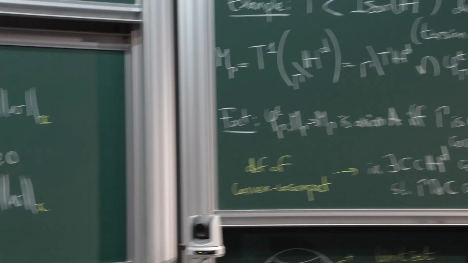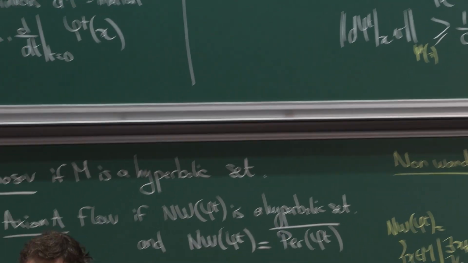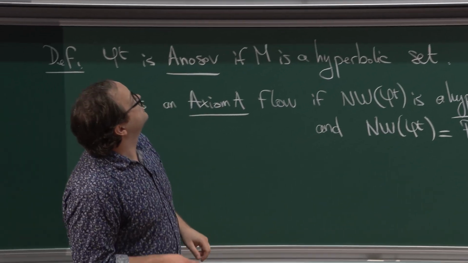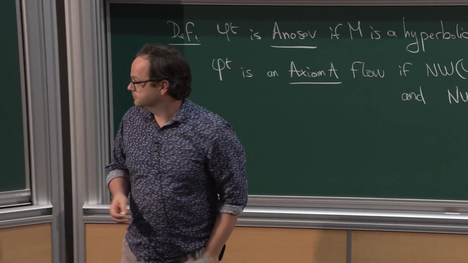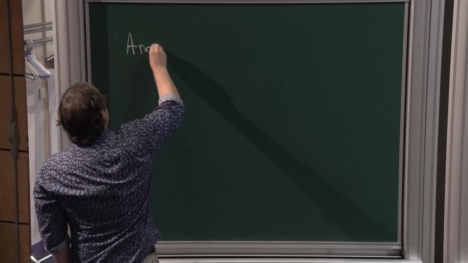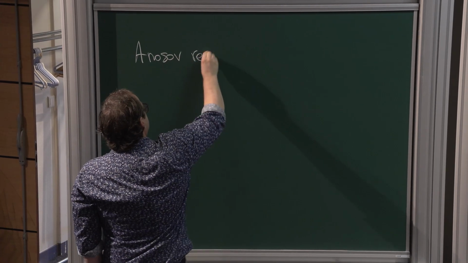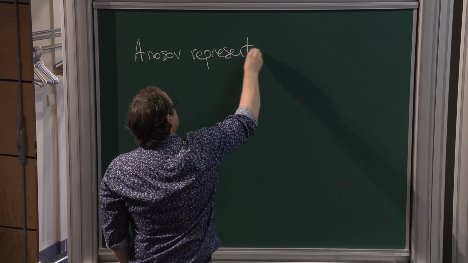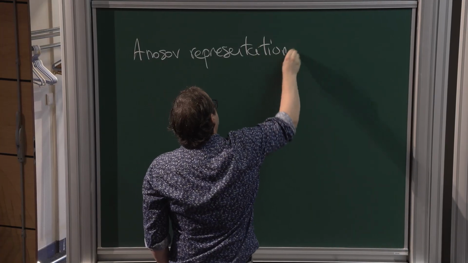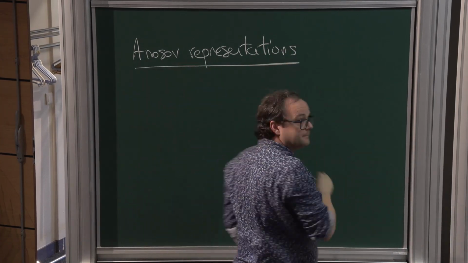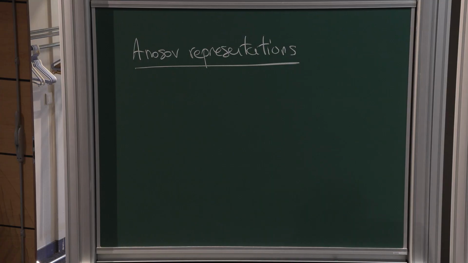So now let's move to the other part of the title, which is Anosov representations. Okay. So Anosov representations are things that take a while to get used to in some way, right?